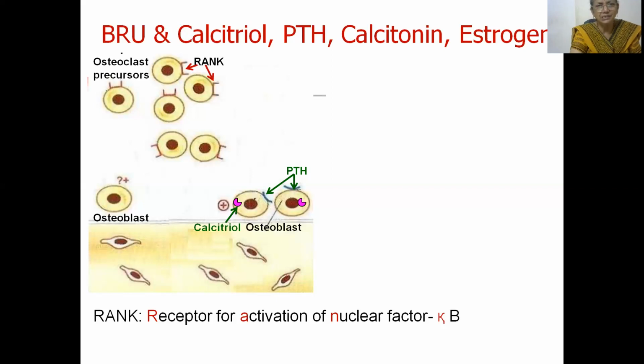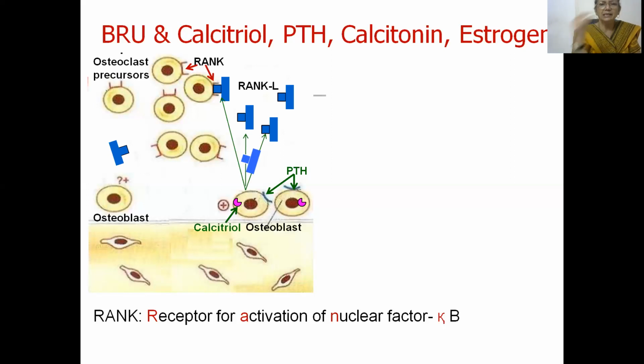So when calcitriol interacts with its intracellular receptors or parathormone interacts with its extracellular receptors, both of them trigger the release of molecules which are ligands at the RANK receptor. That means they can fit into the RANK receptor, and so they are called RANK L or RANK ligands.